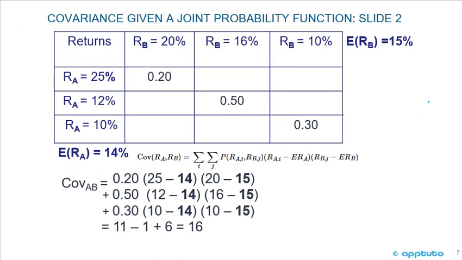This slide always looks confusing to candidates the first time, so we're going to talk our way through it slowly, and you're going to see that it's not too bad. So remember, we calculated the expected return of A as 14%, and we calculated the expected return for B of 15%. And there were three different scenarios for the economy.